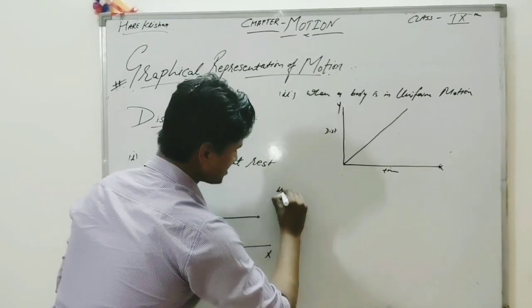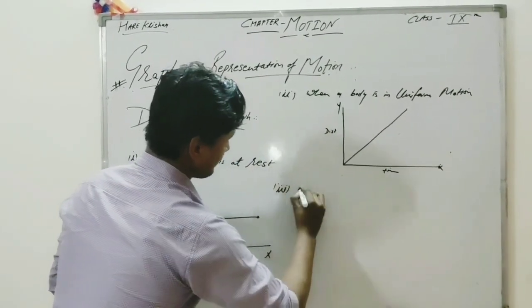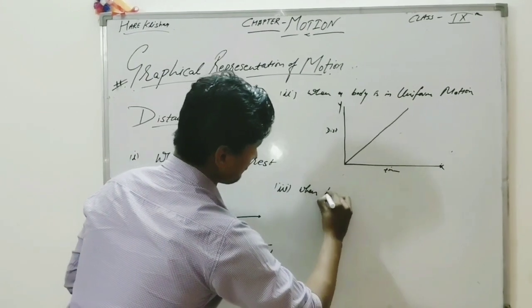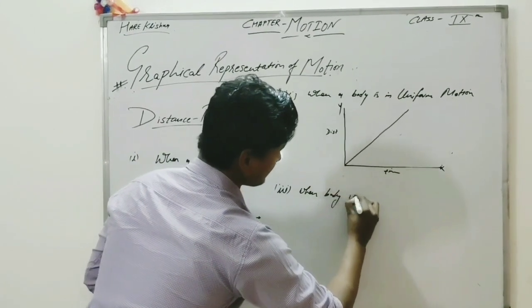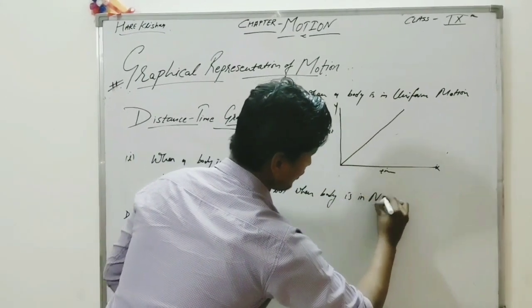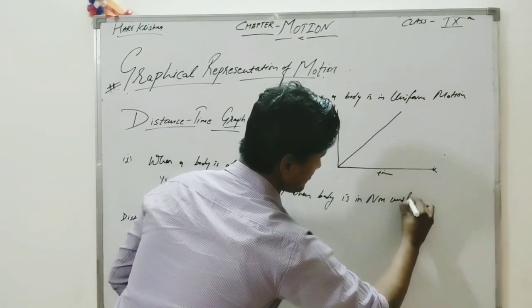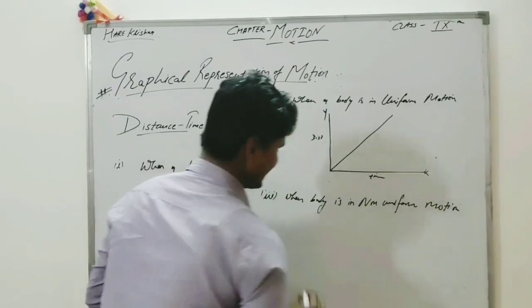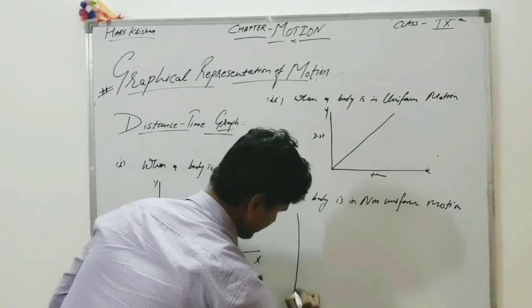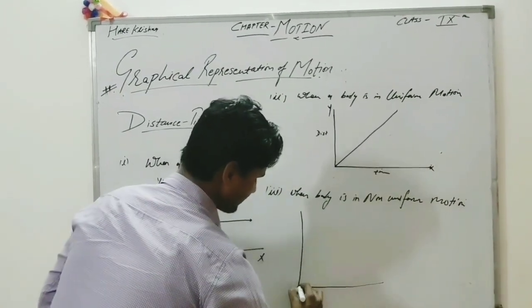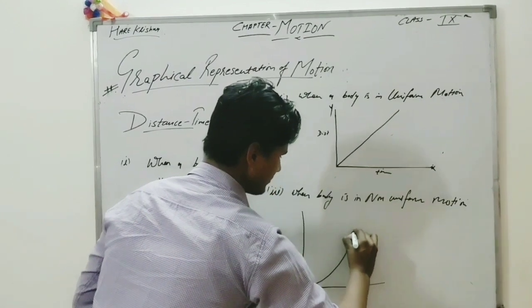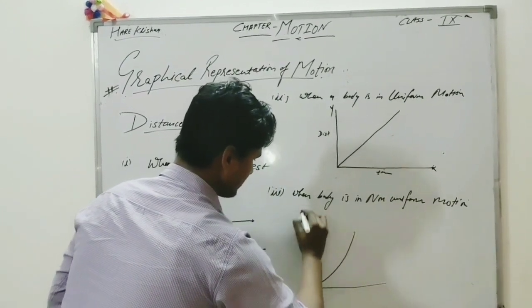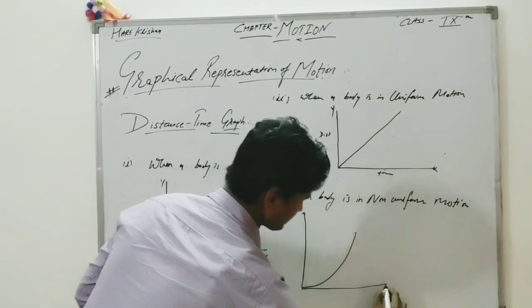Our third condition is when a body is in non-uniform motion. In this case, we obtain a curve along the x-axis.